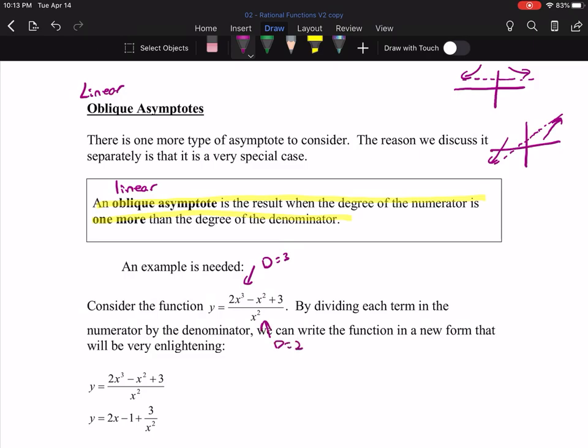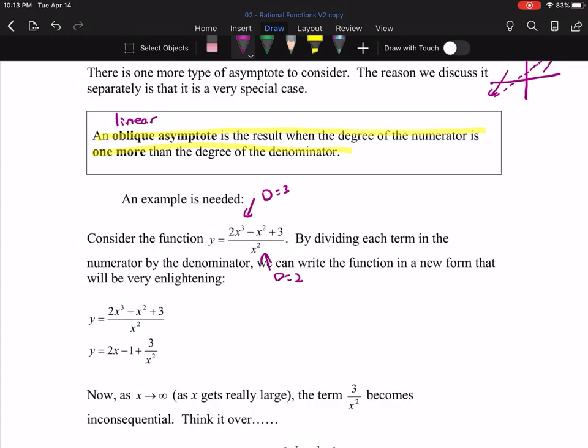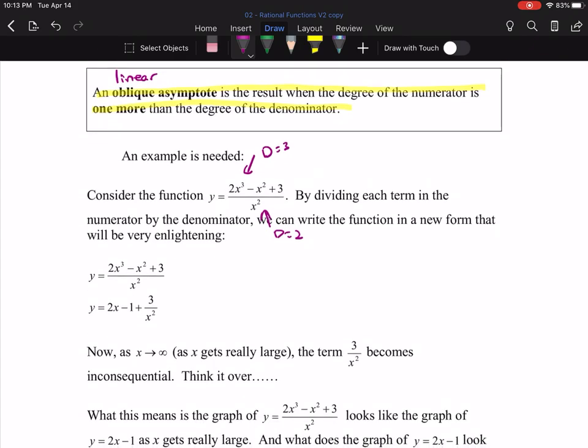The numerator is exactly 1 more than the denominator. To understand its end behavior, we're actually going to divide it. I take 2x cubed minus x squared plus 3, and I divide each term by x squared. And when I divide 2x cubed by x squared, I get 2x. When I divide negative x squared by x squared, the x squareds cancel, and I get negative 1. And then when I divide 3 by x squared, I get 3 over x squared.